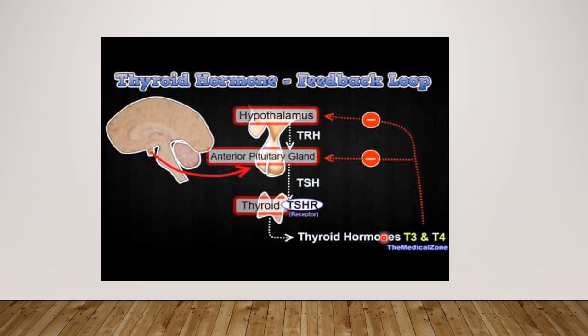This in turn, T3 and T4 have a negative feedback mechanism on the pituitary as well as the hypothalamus, thereby reducing the release of TRH and TSH. This negative feedback mechanism helps to keep the various hormones TRH, TSH, and T3 and T4 in equilibrium and balance.